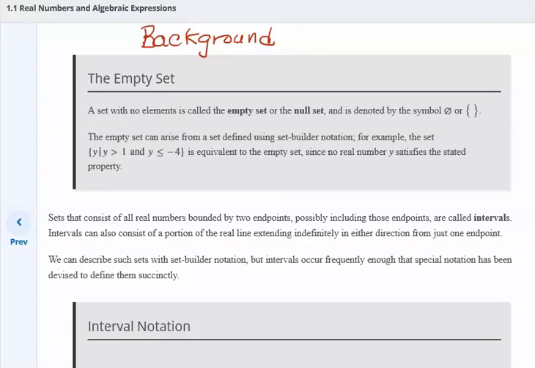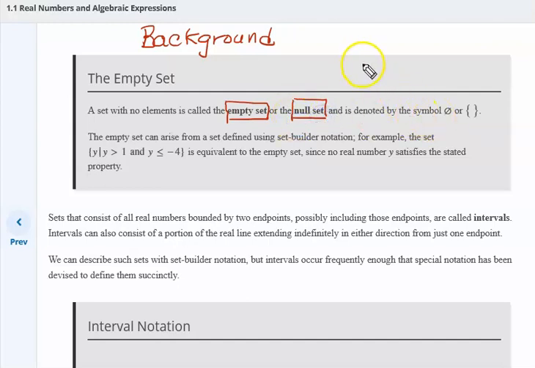Continuing with an example of an empty set as background information. What is an empty set? Well, it would be a set that doesn't contain anything. And the way to write this is we can call it, and this is one of your key words, an empty set. A synonym would be a null set.